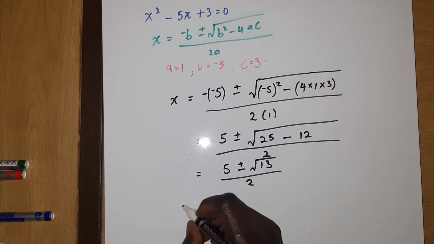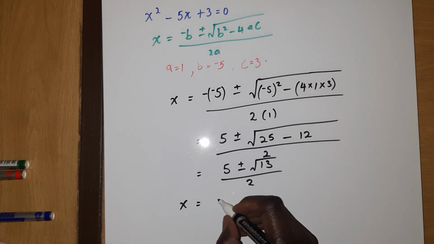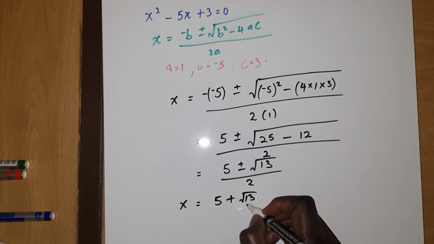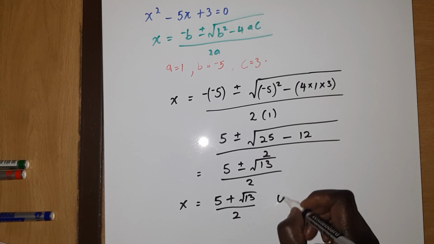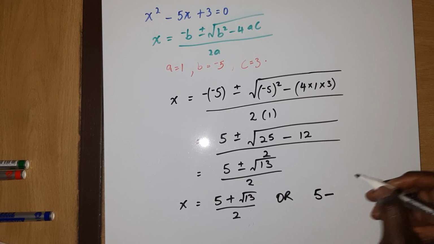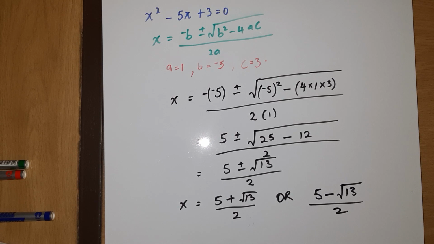So x equals 5 plus root of 13 all over 2, or 5 minus root of 13 over 2.